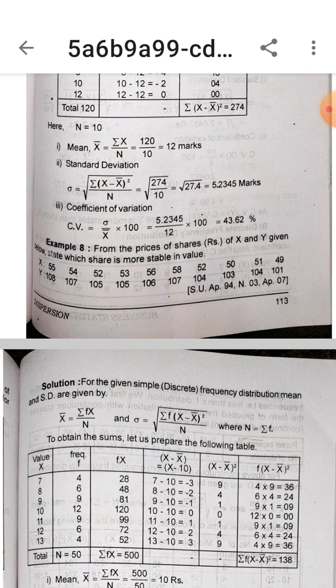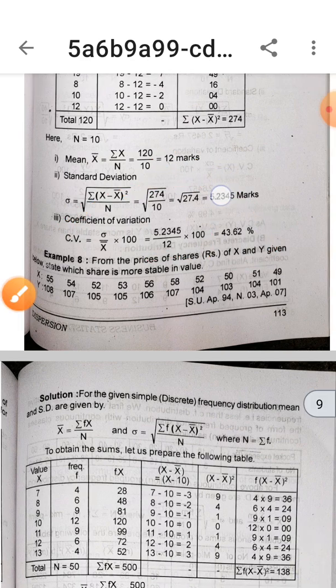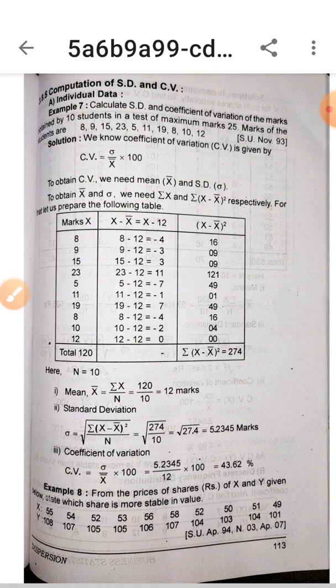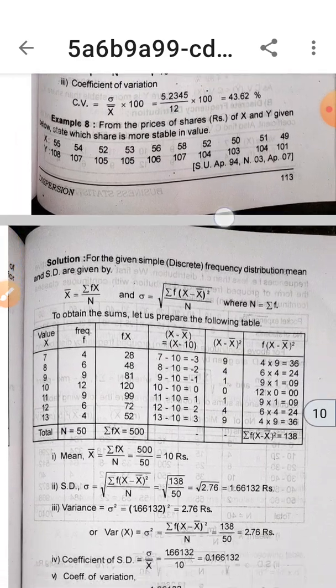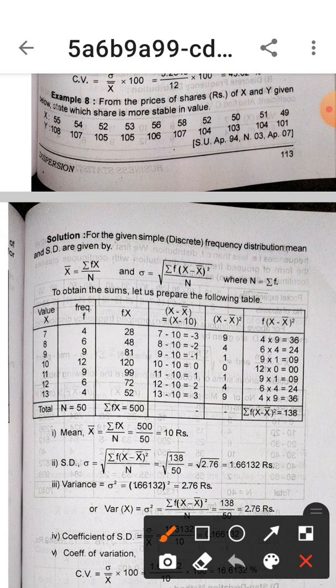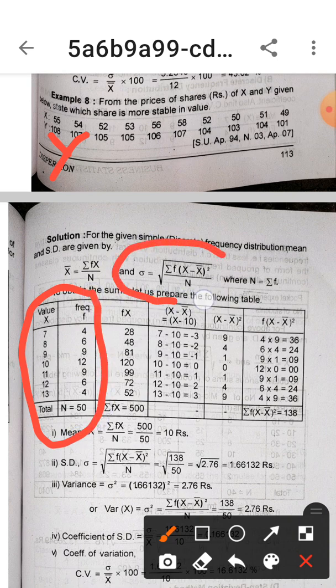Okay, all this calculation is about individual data. The next example is about discrete data. In discrete data you have to use this formula. Okay, what is the formula of SD in individual distribution?